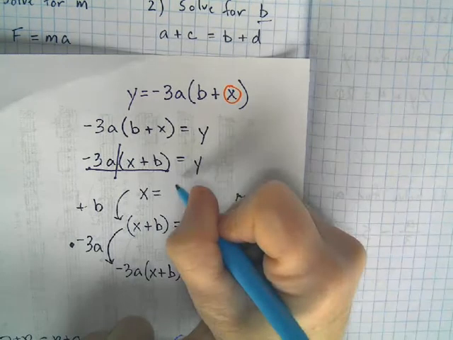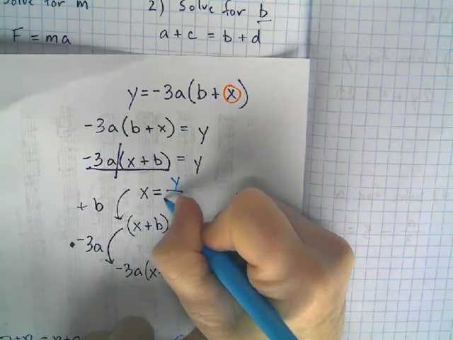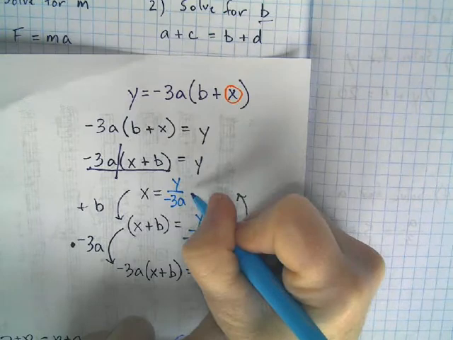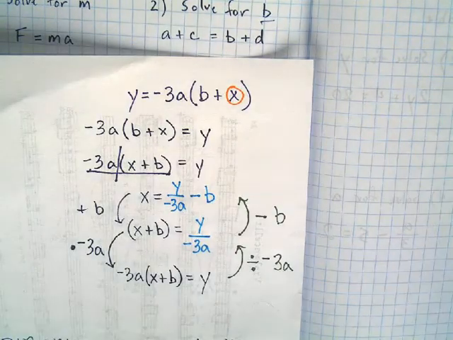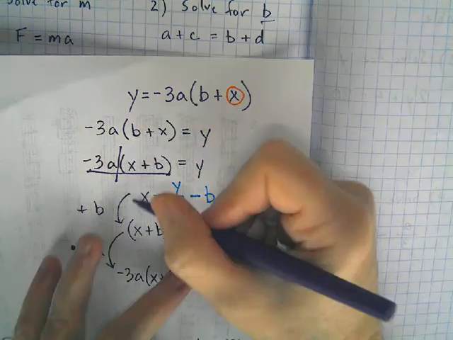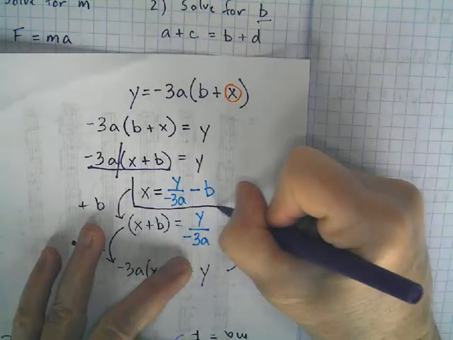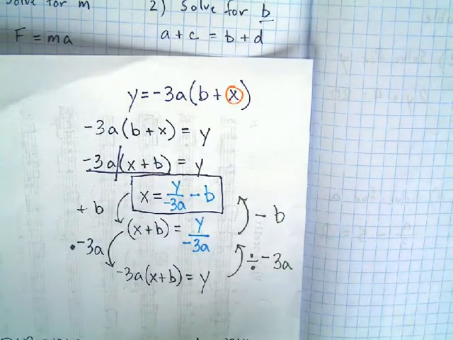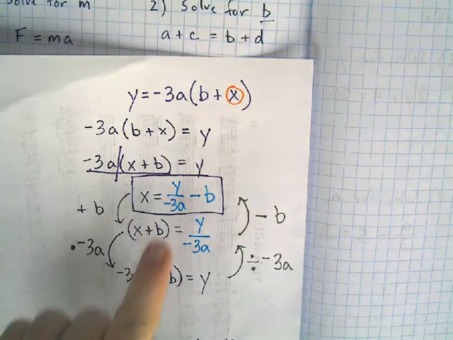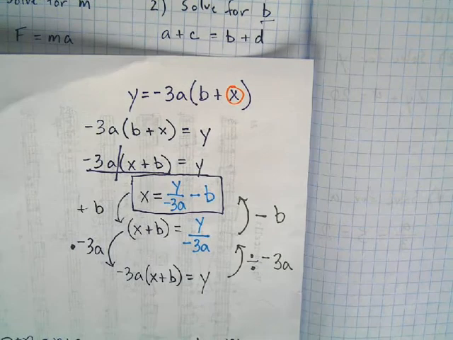So y over negative 3a minus b. So that's the answer, but some of you found yesterday that if you were to type this into MathSpace, it wouldn't like it. MathSpace would say, yeah, not quite. MathSpace is very particular.